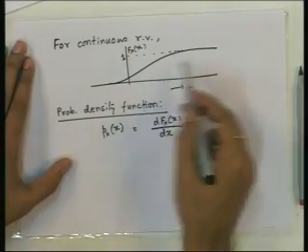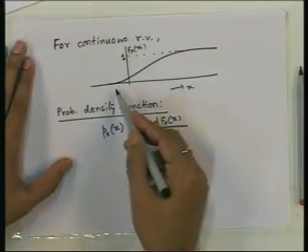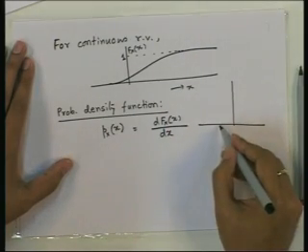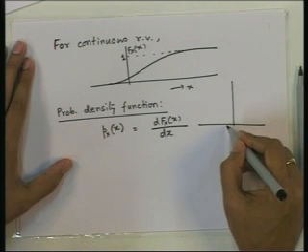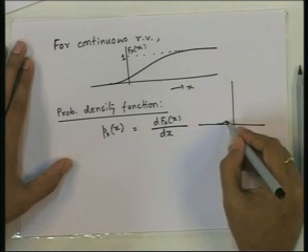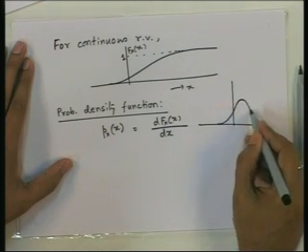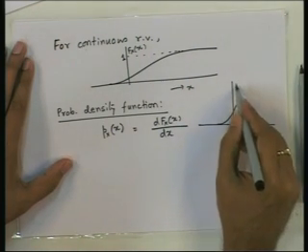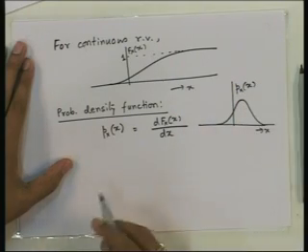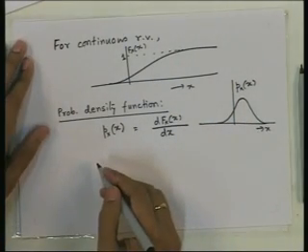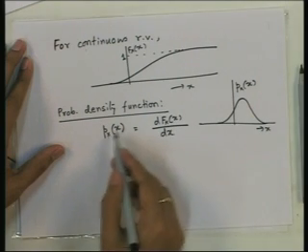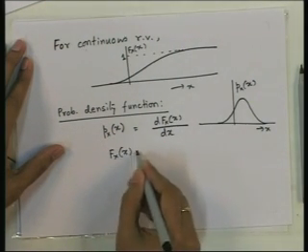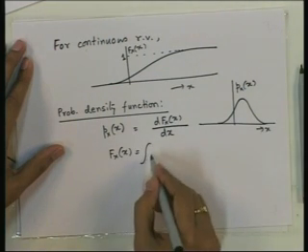So, for this kind of cumulative distribution function, if you plot the derivative of this function, it will look something like this. Okay. And from this definition, one can see that F_X is nothing but the integral of this.